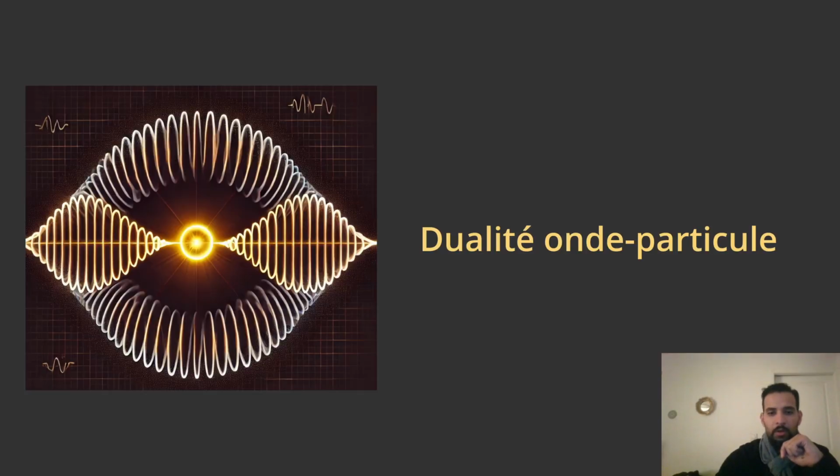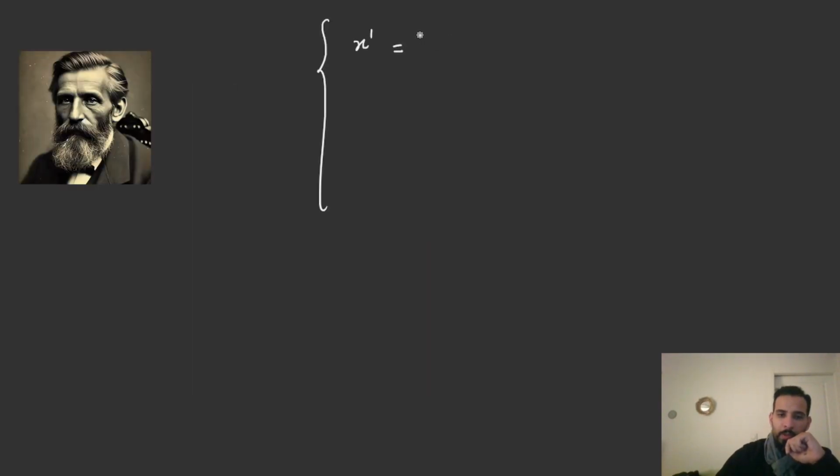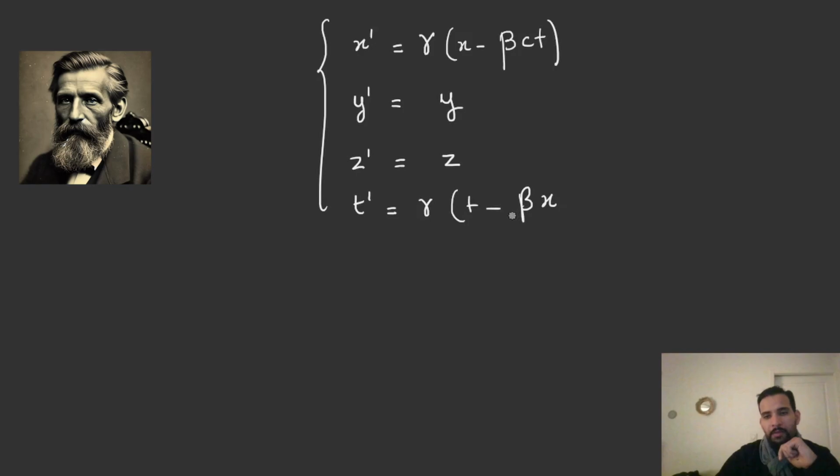This result is based on the wave-particle duality in quantum mechanics, which states that the photon can be considered both as a wave and as a particle. We will also need the Lorentz transformation formulas, which apply in a reference frame moving at a velocity v, as mentioned in the historical context.